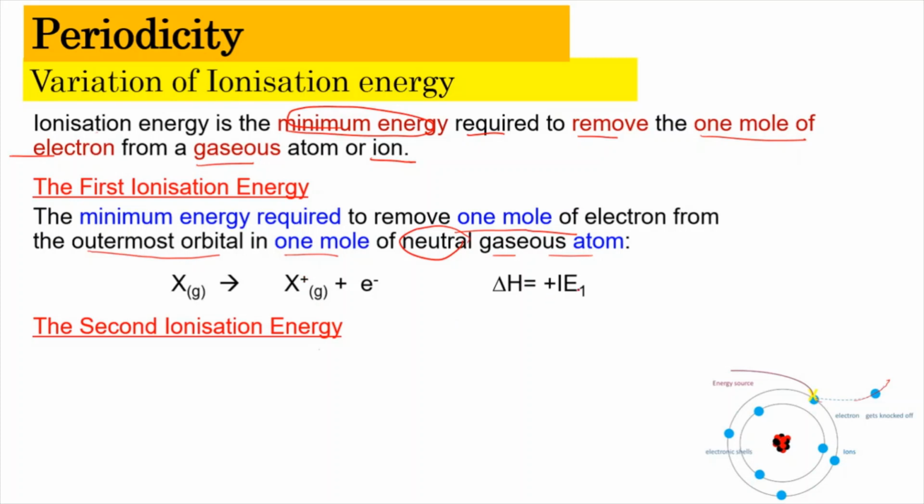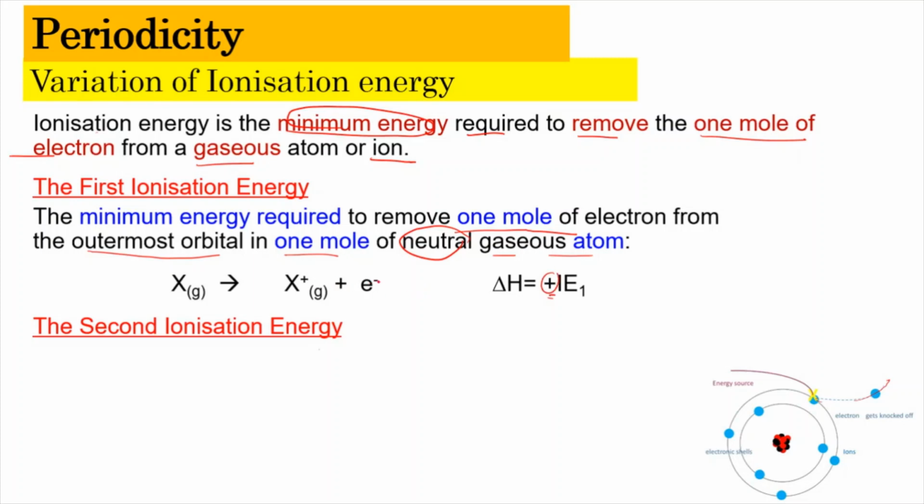Okay, and this process requires absorption of energy. Energy needs to be provided so that the electron will have enough energy to be promoted to the highest energy level, which is n equal to infinity, so that it can be removed from the atom. And that is why the charge here is going to be positive.